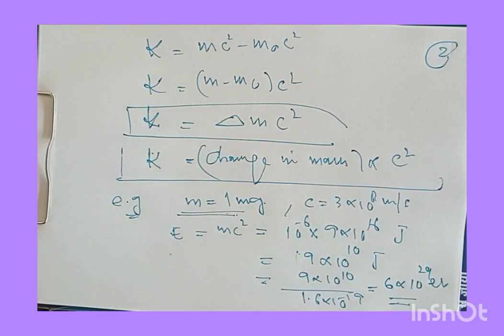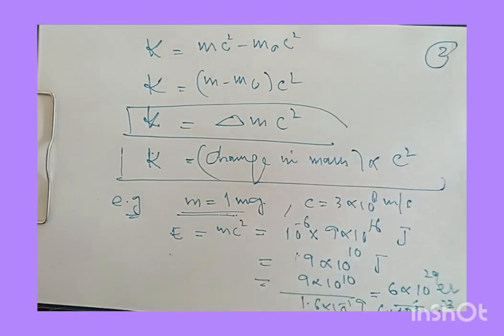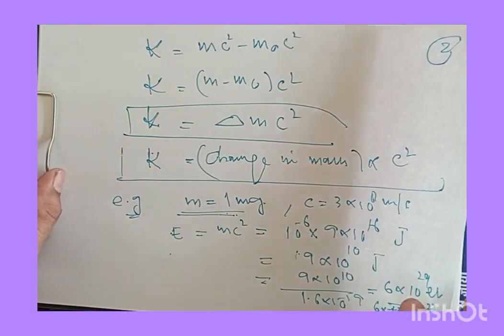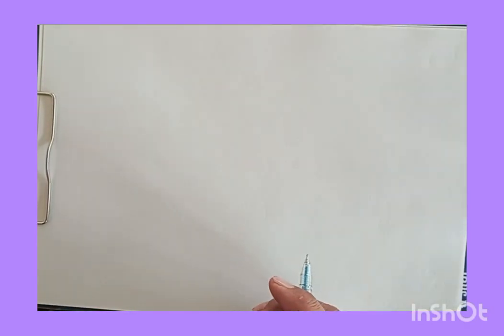So we can expect a huge energy in mega electron volts here, 6 times 10 to the power of 23 mega electron volts. What the intuition is here is that this change in mass can be a consequence of a tremendous amount of energy.